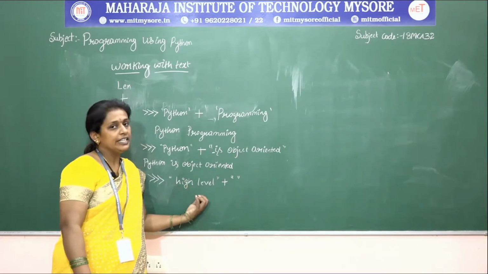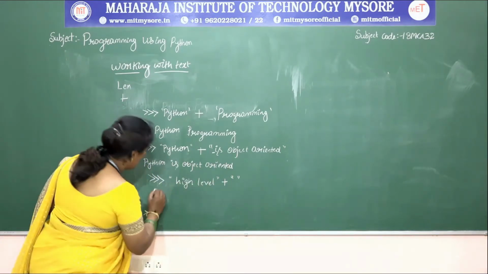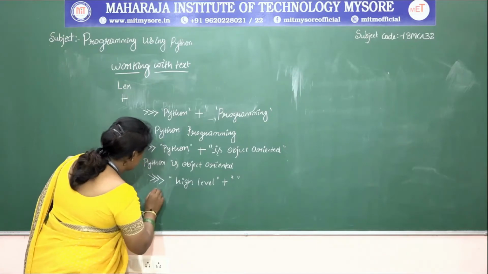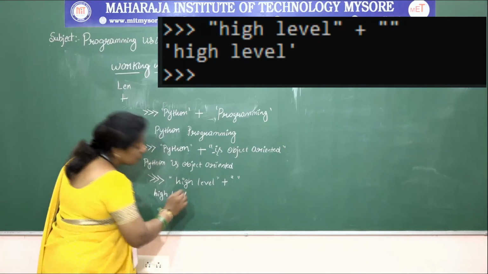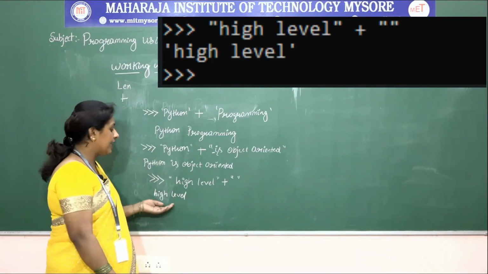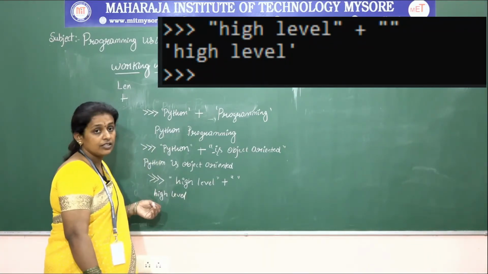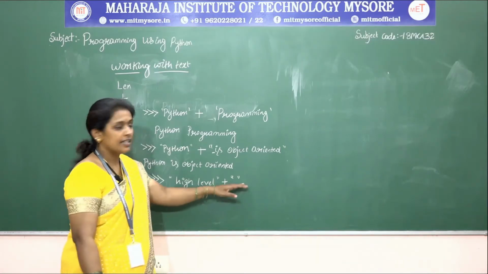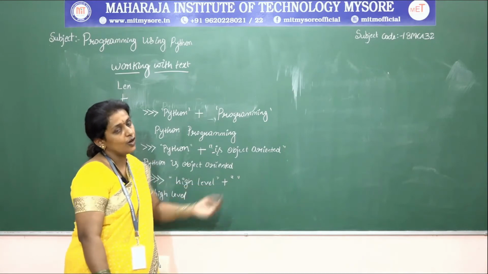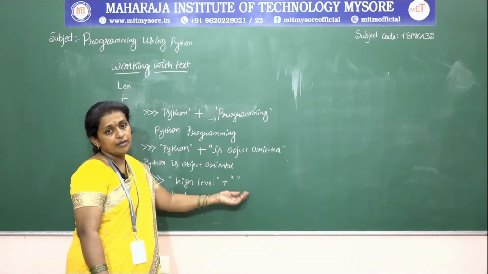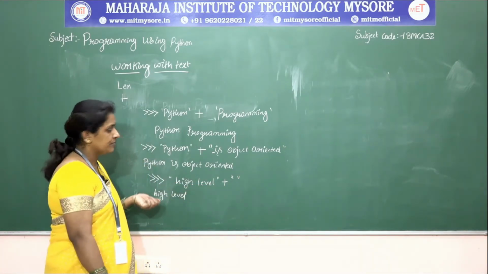So then also we will get a new string, "hi level". This can be given on either the left hand side or the right hand side of the operator, with the other string being an empty string.